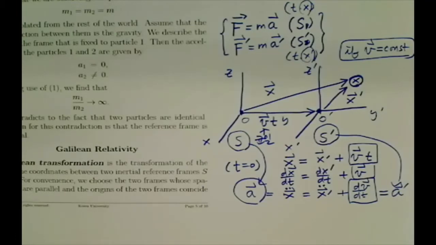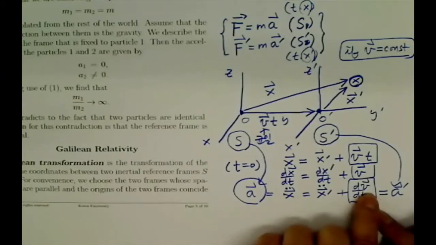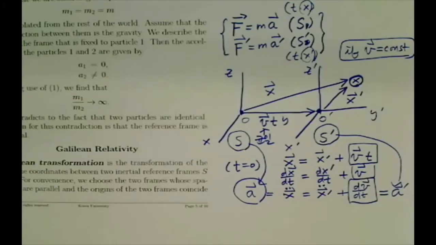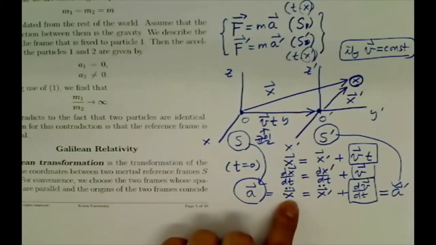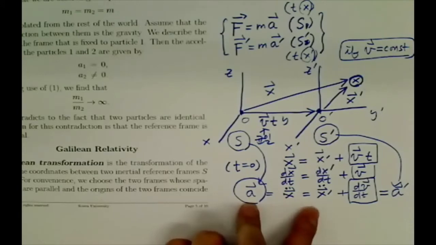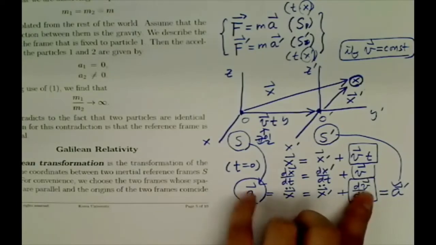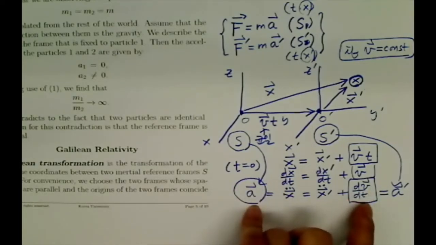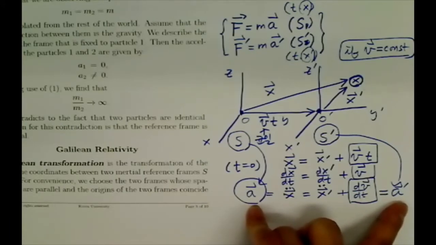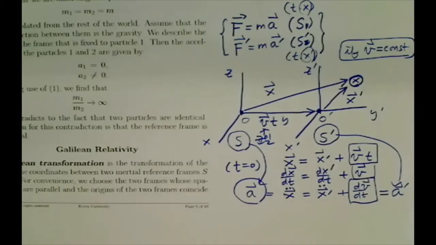That is just zero as far as the constant velocity case. Then the double time derivative of displacement is the acceleration measured in S, and the double time derivative of that particle is the acceleration measured in S prime. And actually this one vanishes. So acceleration in frame S and acceleration in frame S prime are identical to each other.